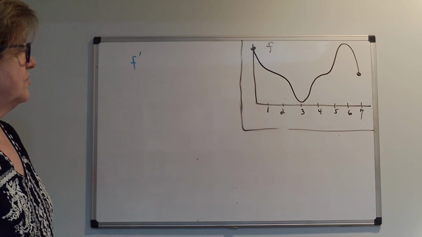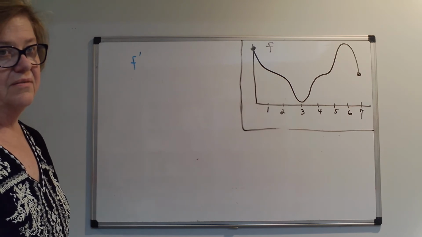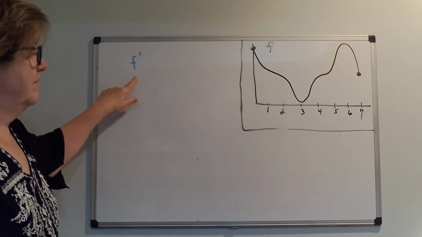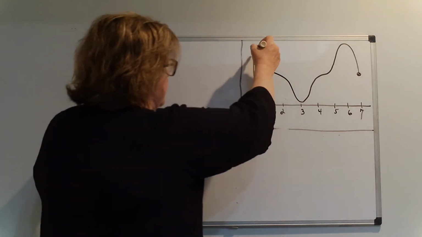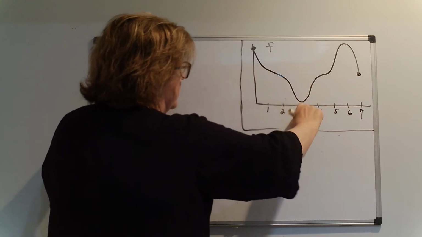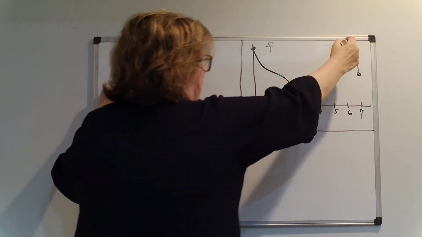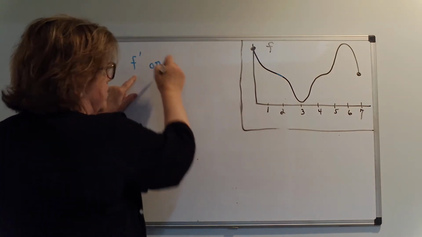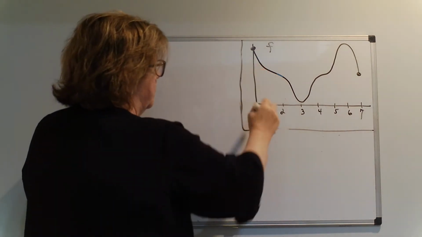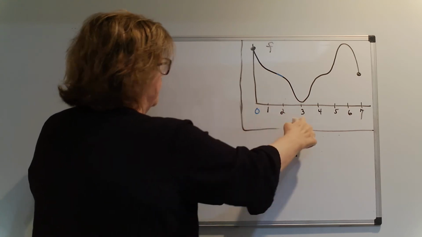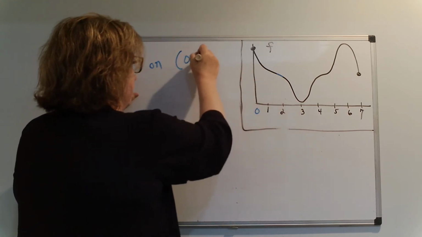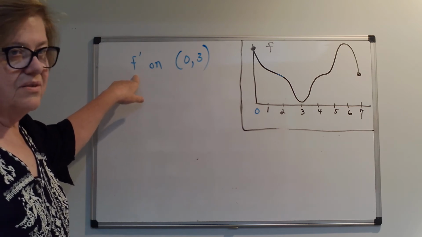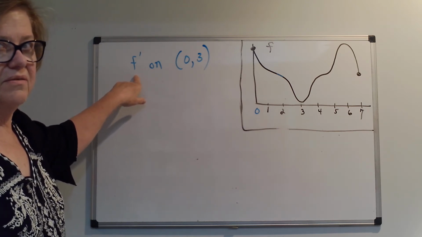Where the function's decreasing, the first derivative is negative. So it looks like the function's decreasing all through here, up to here, and here. How do we write that? We write that on certain intervals. So we know from 0 to 3, and we write this as open intervals, because that's the standard way your book writes it.